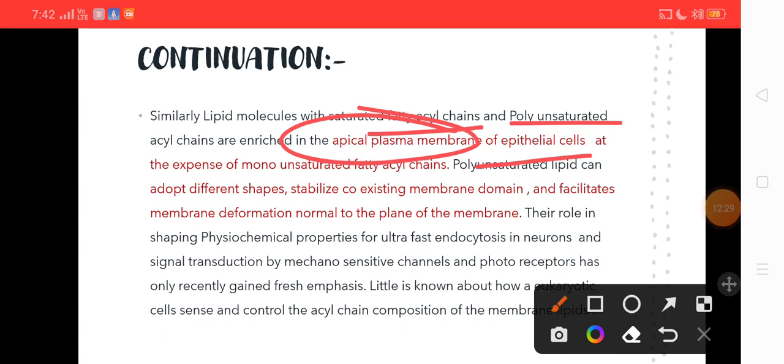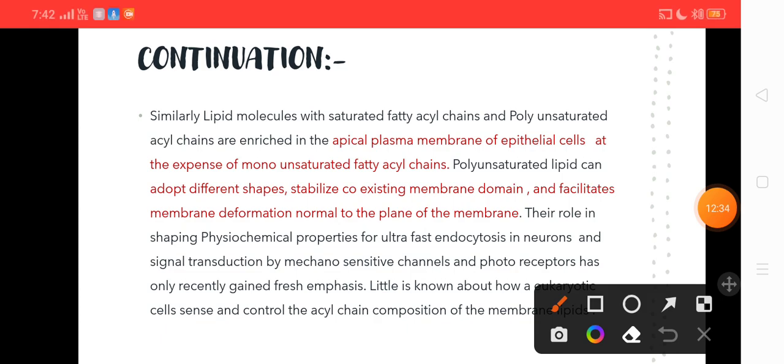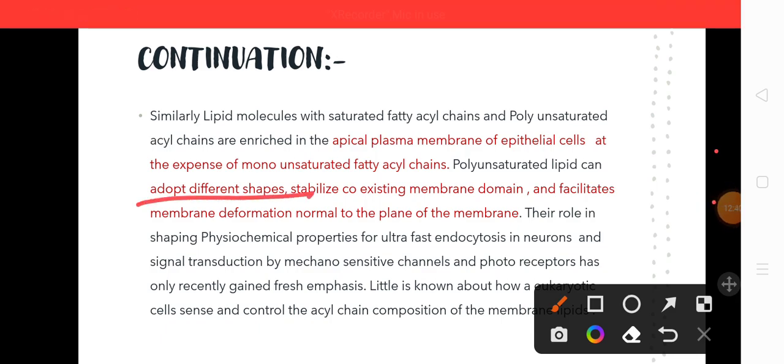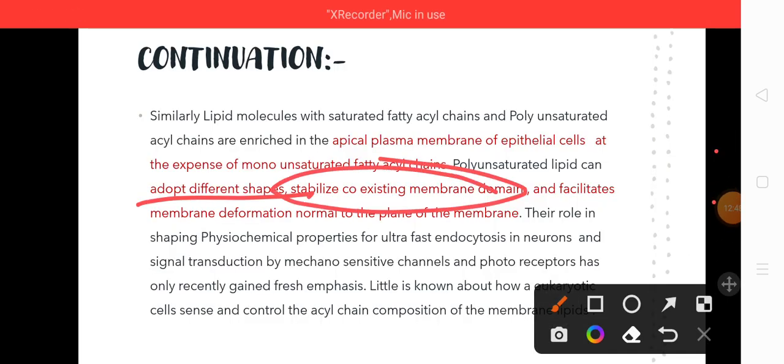Okay, now why is this so? Because polyunsaturated lipids have various types of properties. For example, they adopt different shapes, they have the ability to stabilize coexisting membrane domains, as well as the ability to facilitate membrane deformation.